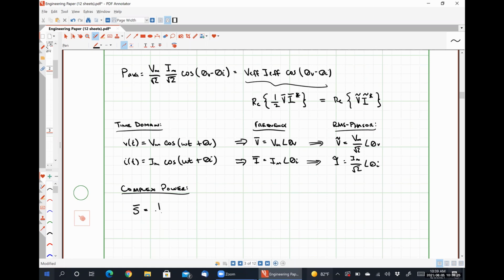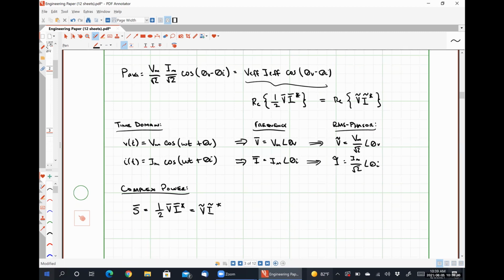It is defined to be 1/2 voltage phasor times the complex conjugate of the current phasor, or simply the RMS voltage phasor times the complex conjugate of the RMS current phasor.